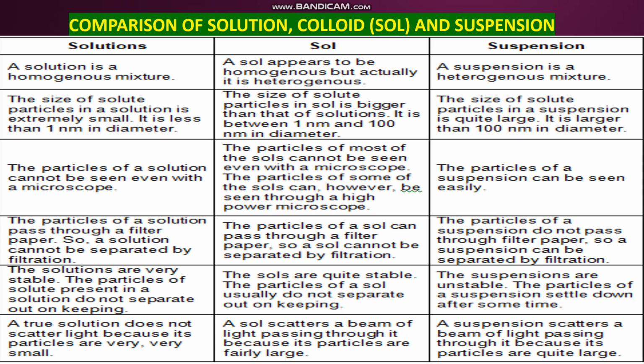So we have seen the differences. We have compared the solution, colloid or sol, and suspension: its visibility, separation by filtration, its stability, size, and its nature, whether homogeneous or heterogeneous, and Tyndall effect, whether it shows or not. All these we have seen now.